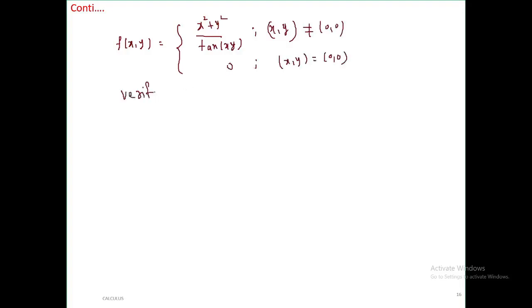Verify the continuity at origin. Continuity at 0, 0.